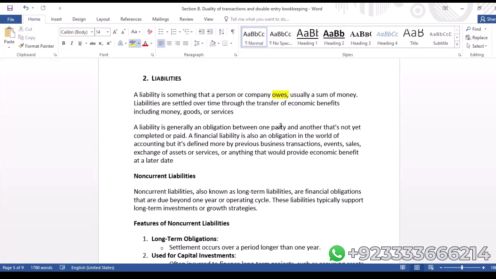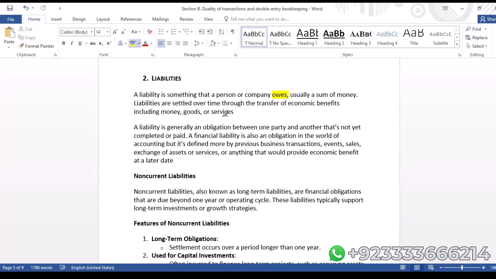It is the money or a fixed amount of resources we owe to someone. We have to give back to someone. Normally, it is a sum of money. Liabilities are settled over time through the transfer of economic benefits, including goods, service, or money.